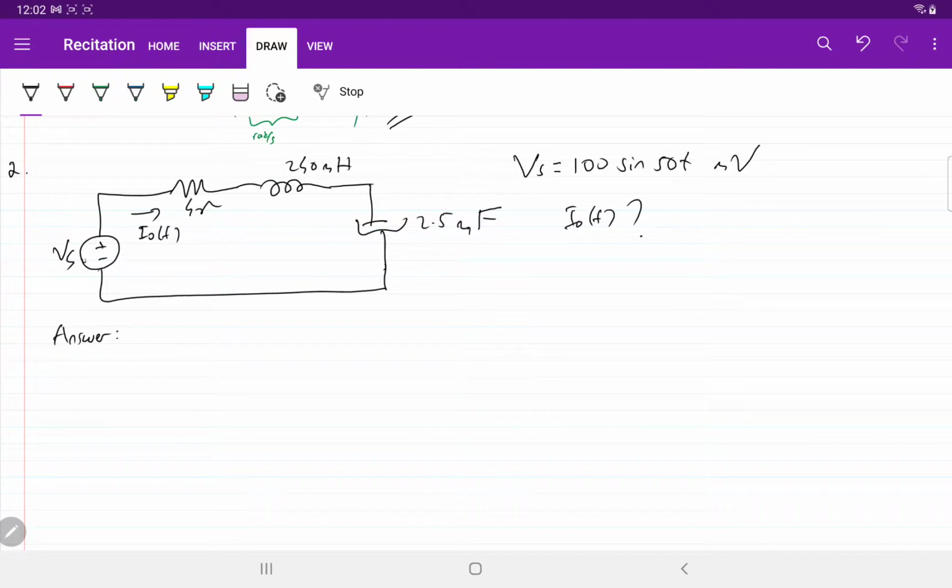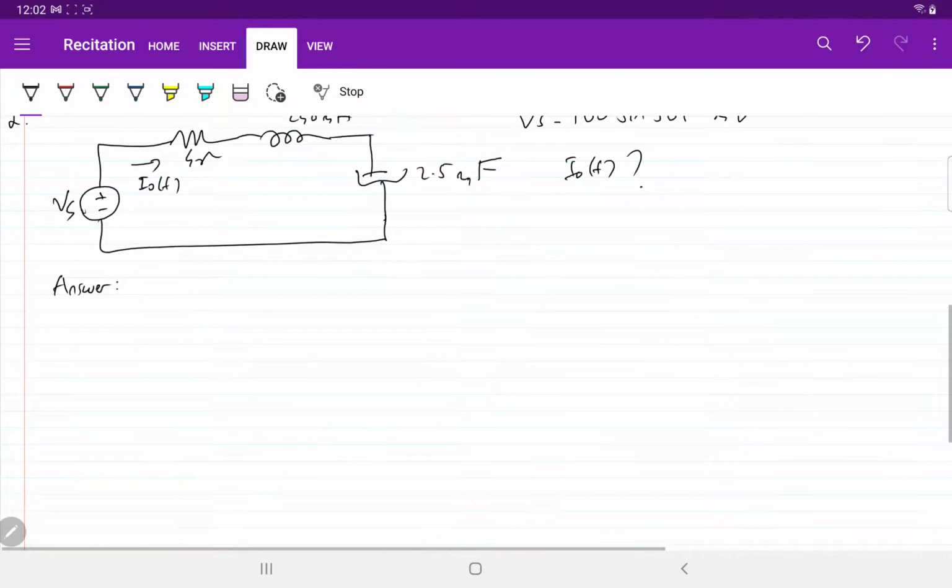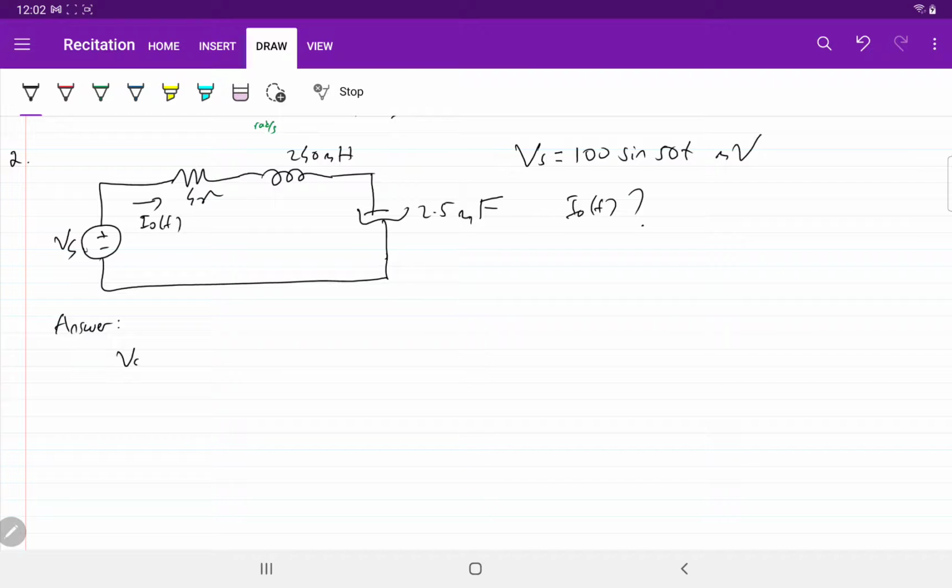Okay, so the strategy here is we compute the total impedance and then the current by using Ohm's law. The current is voltage divided by the total impedance, right? So first, the voltage is, again, let us represent it with cosine.